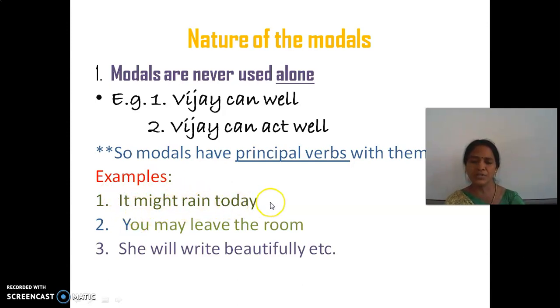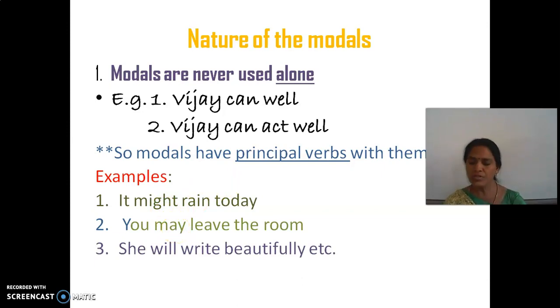It might rain today. Here "might" is your modal and "rain" is your main verb, the principal verb. You may leave the room. You remember I have already given you some auxiliary modals, is it not? Can is an auxiliary modal, might is an auxiliary modal, may is an auxiliary verb.